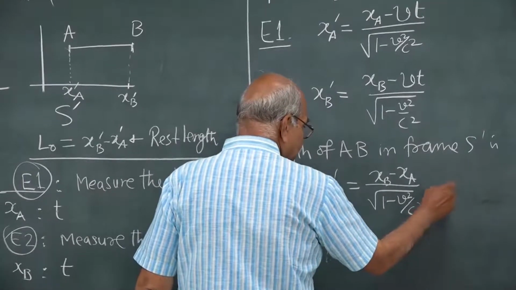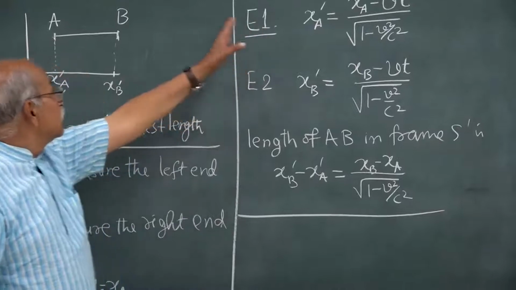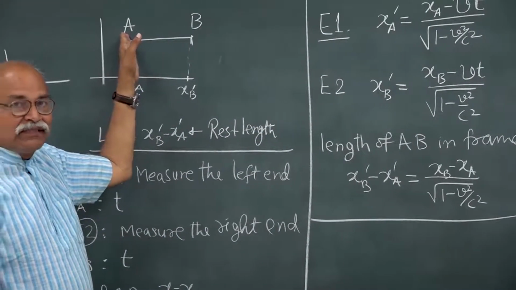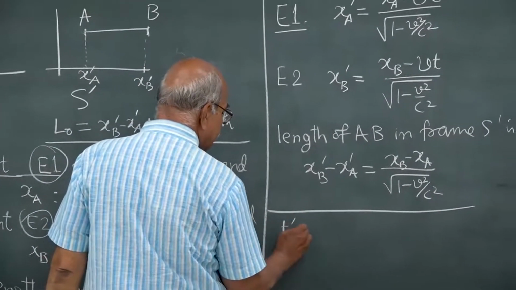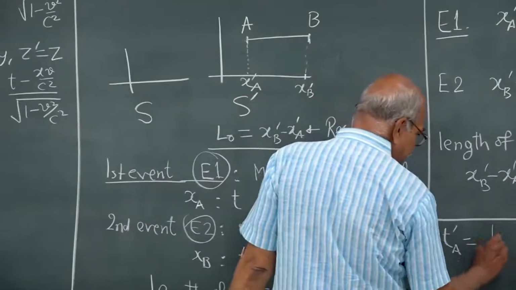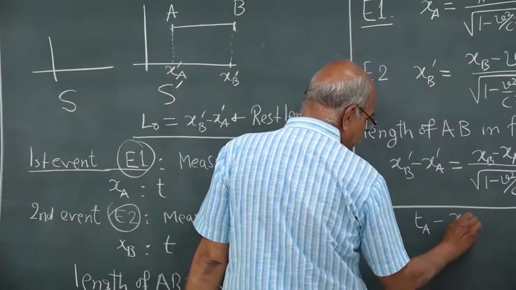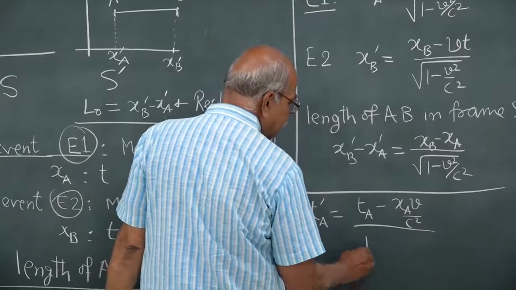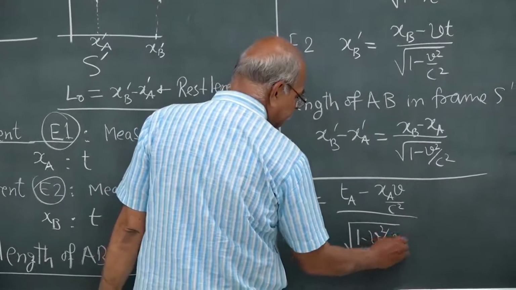So, if I do the transformation equation for time, the first event, the left end was measured. When did it happen? So, you can write Ta prime. Using Lorentz transformation, this will be Ta minus xa v by c square divided by square root 1 minus v square by c square.